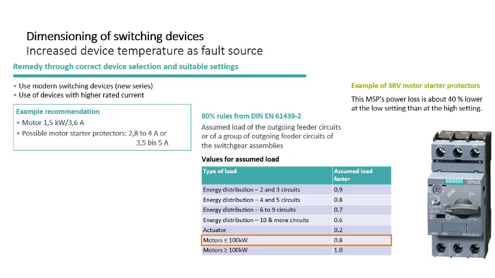Stated in the 61439 standard is the 80% rule. This refers to a diversity factor, an assumed load of the motors. Motors under 100 kilowatt can have an assumed load of 0.8, hence the 80% rule. Our tool, the Simaris design tool that we'll look at today, will take this into consideration.